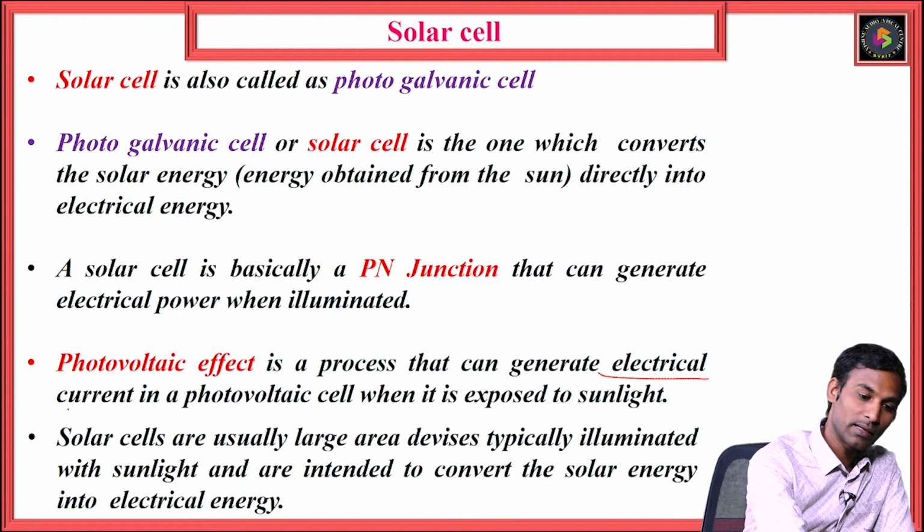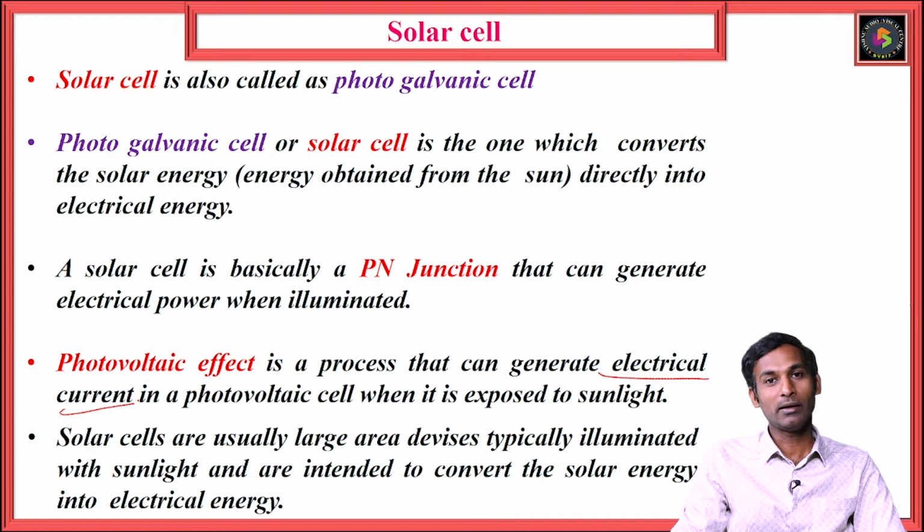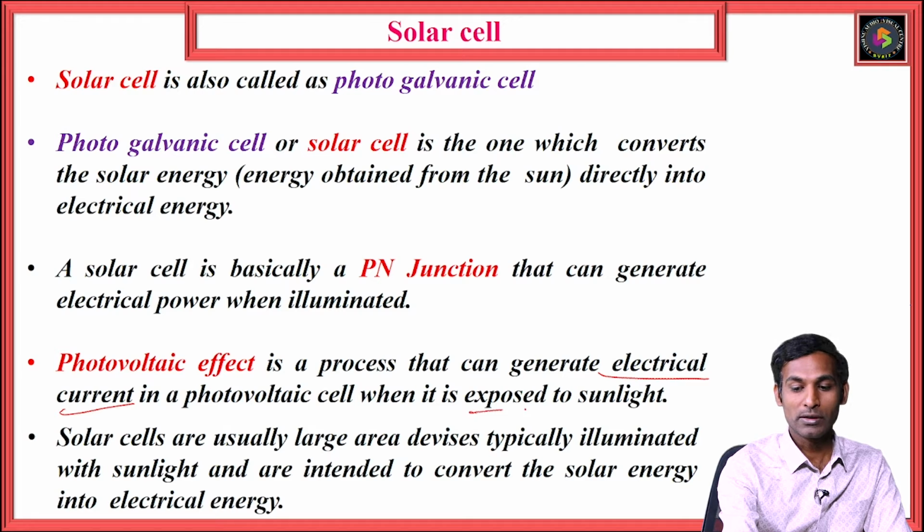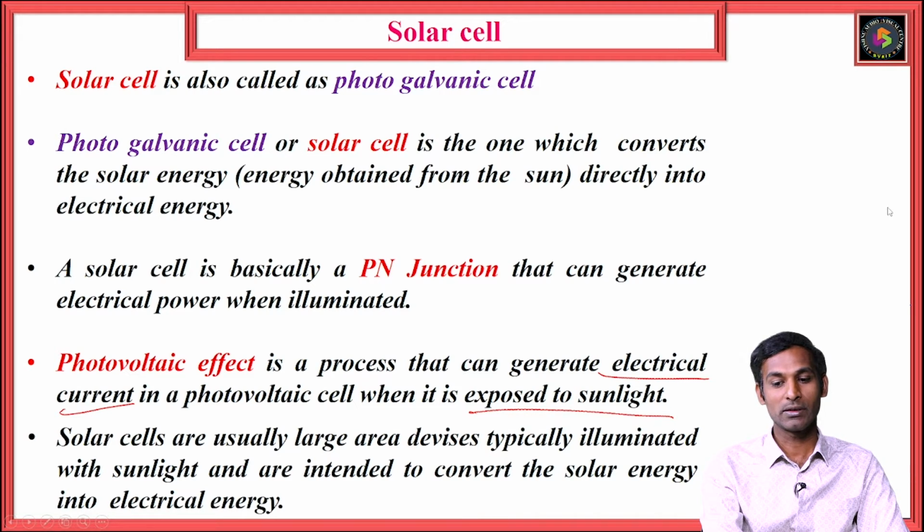The current flows in terms of milliamperes. Why milliamperes? Because the device is connected in the forward bias condition, where the current flows in milliamperes. So the photovoltaic effect is a process that can generate electrical current in a photovoltaic cell when it is exposed to sunlight. Our input source is sunlight, the output is electrical current.